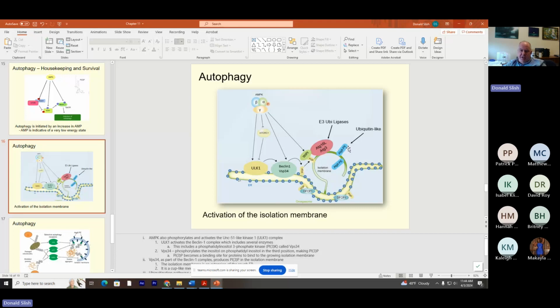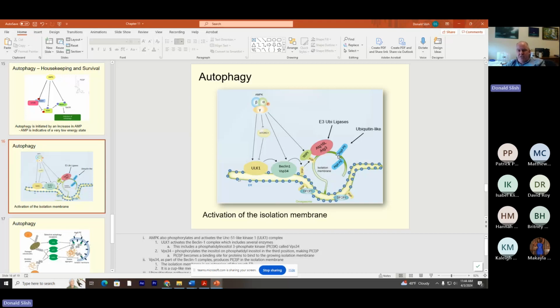Now tell me that isn't freaky. That's kind of weird. So this ATG8 is ubiquitin-like. So this is an E3 ubiquitin ligase, but it's not using ubiquitin itself, it's using ATG8. A lot of sequence homology between ubiquitin and ATG8. And it's attaching it not to a protein, but to a phospholipid, phosphatidylethanolamine.